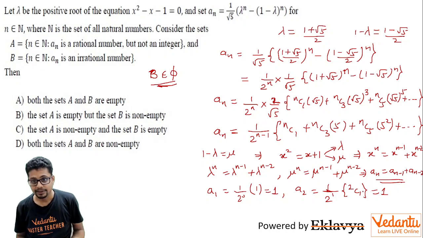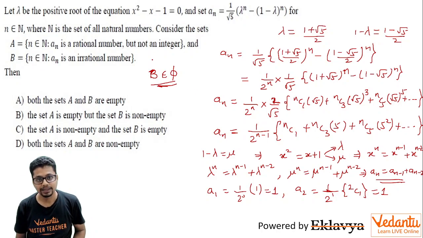That means, having shown that a1 and a2 are both integers, and that an equals an minus 1 plus an minus 2 for all n greater than or equal to 3, all of a1, a2, a3, a4 and so on will be not just rational numbers but in fact integers.